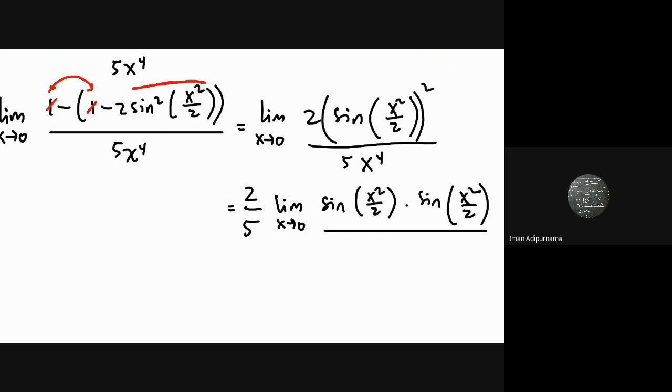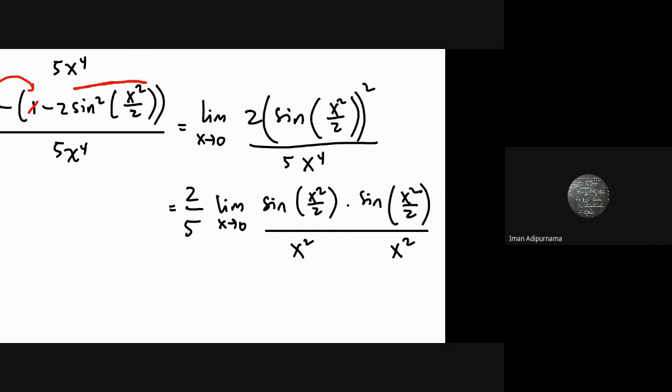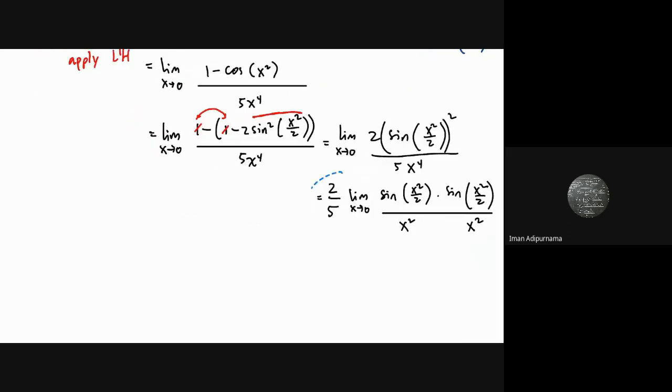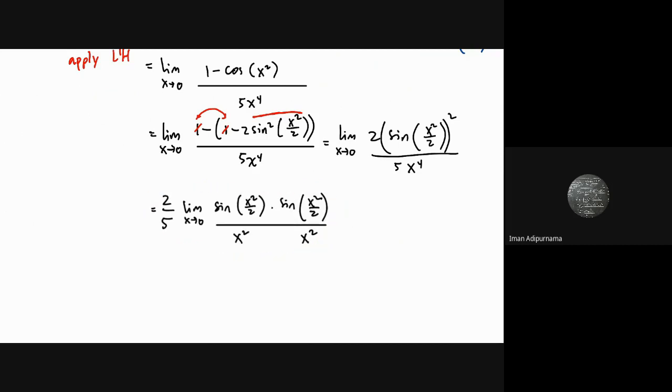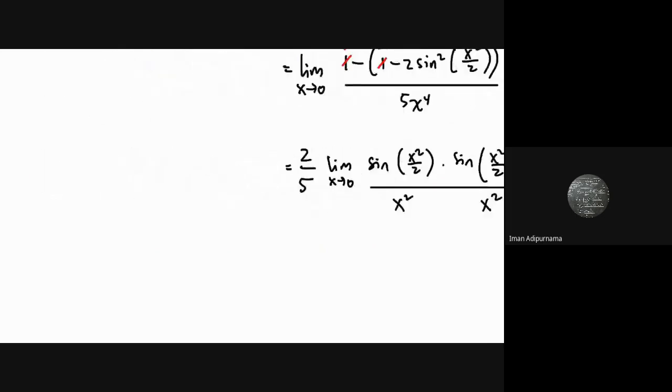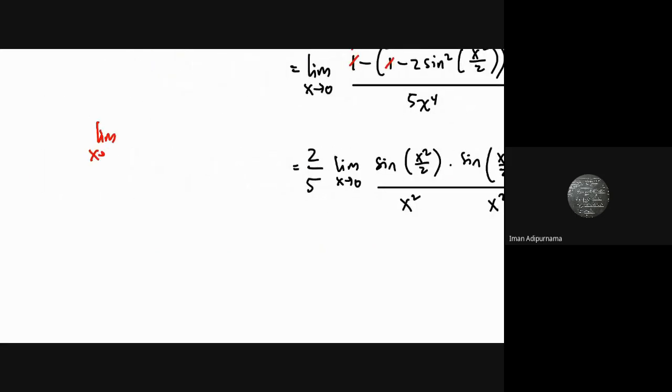And this will be x squared. Remember that we have the limit property: sine x over x, when x approaches 0, is equal to 1, right?